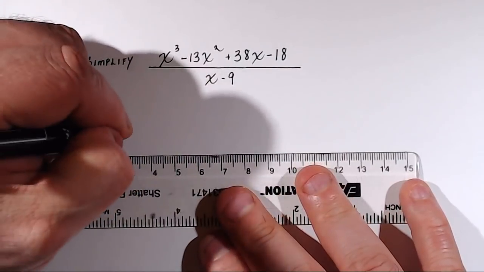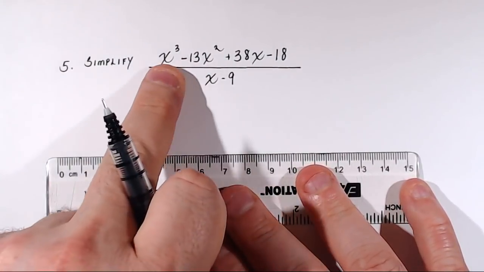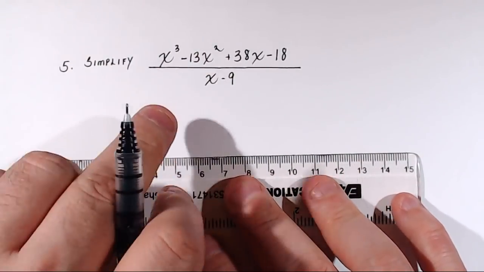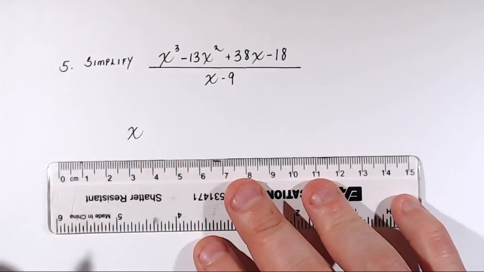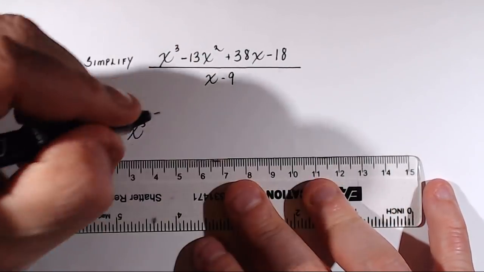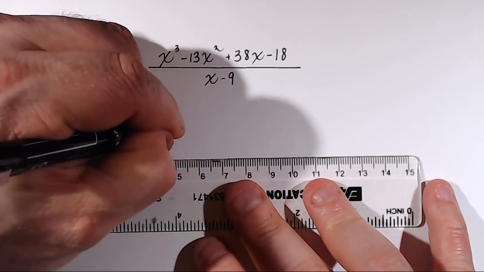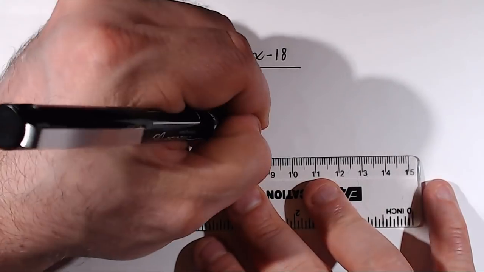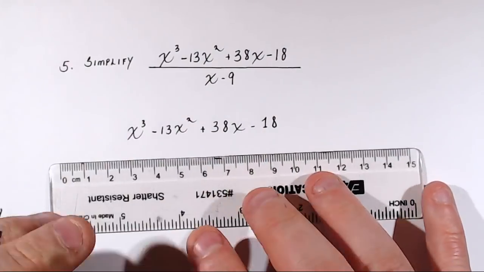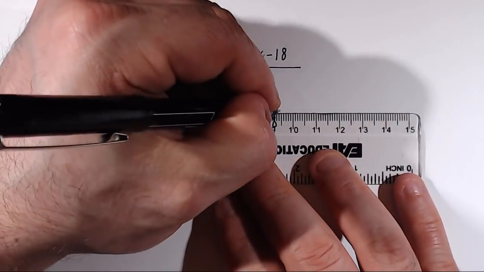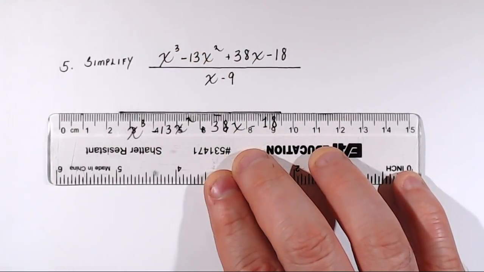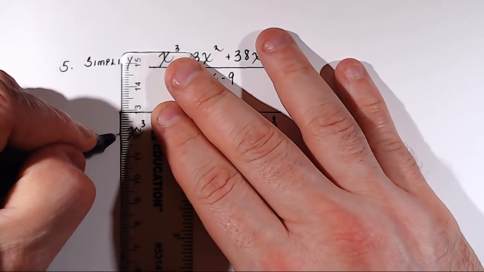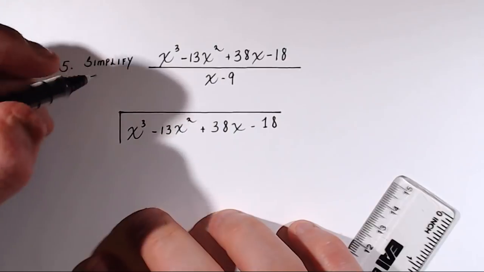We will now write the 4-term equation again. So this is a degree 3 equation, x cubed minus 13x squared plus 38x minus 18, all divided by, so this is why it helps to have a straight edge, all divided by x minus 9.